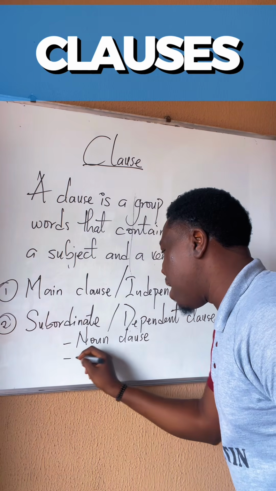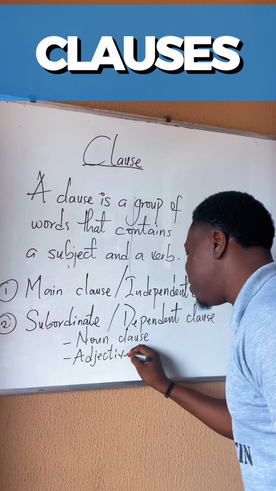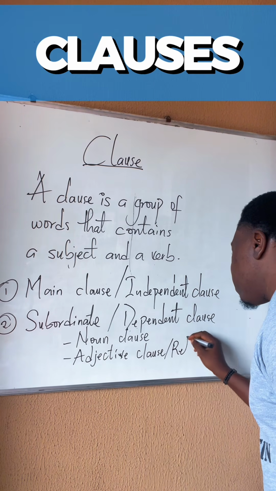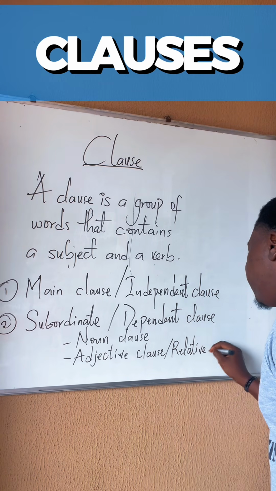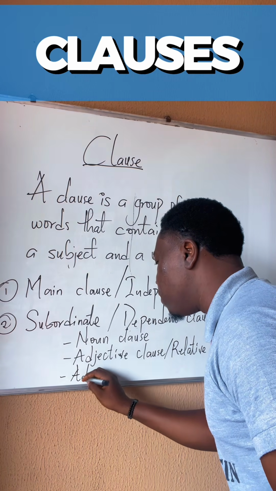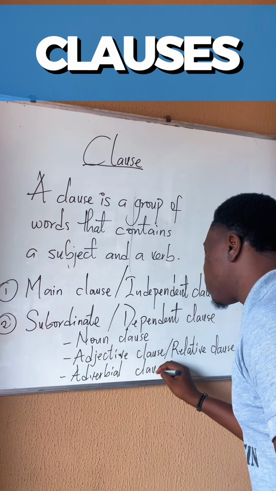You have the adjective clause. The adjective clause is also called the relative clause. And then you have the adverbial clause.